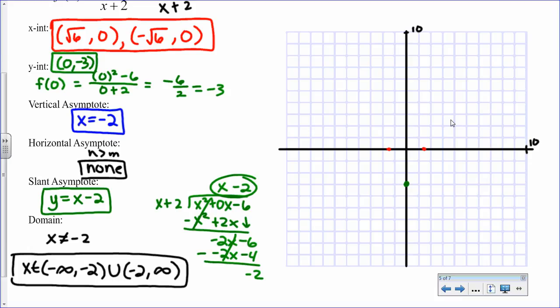Oh, they're not right on those. Here we go. A vertical asymptote at x equals negative 2.